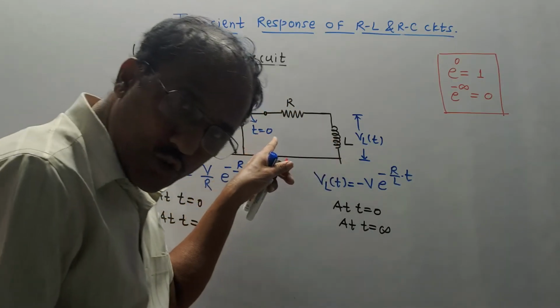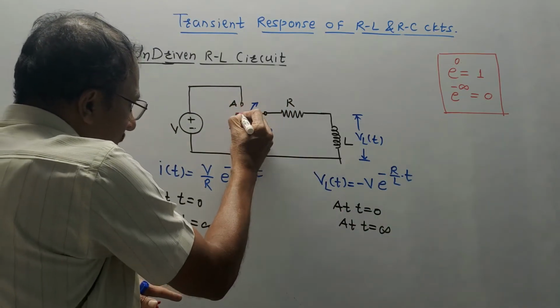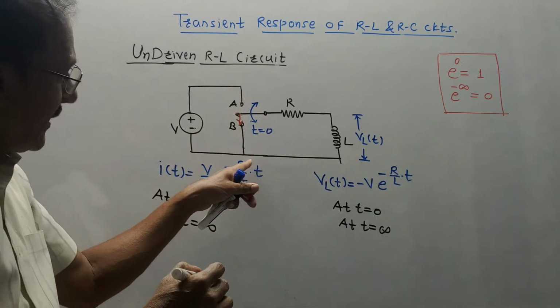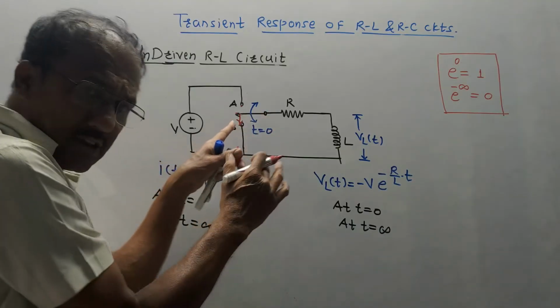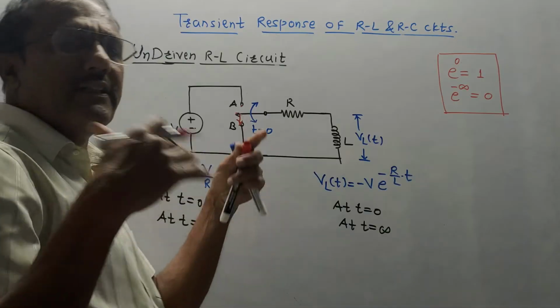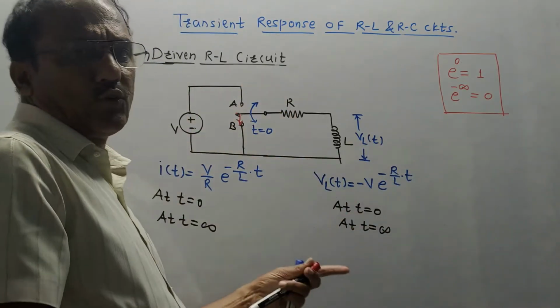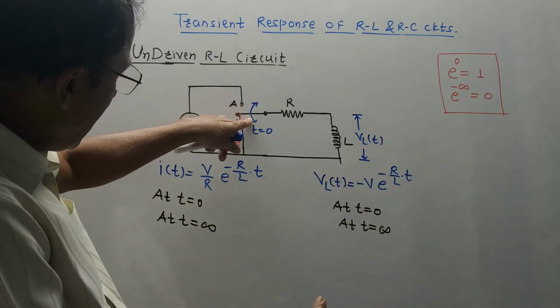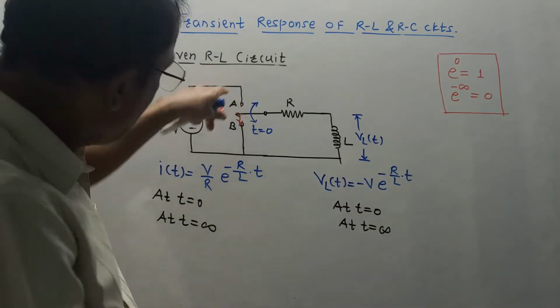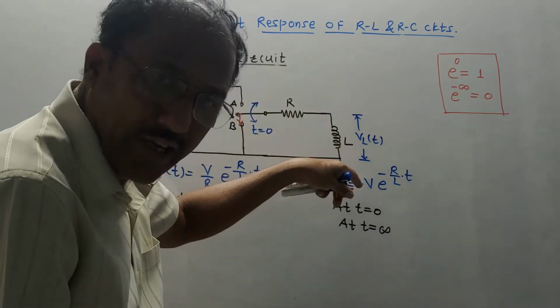At t equals 0, the position of the switch is changed and now the switch will be connected to point B. In this case, if the switch is connected to point B, the voltage source will not be connected to the circuit. Then the question arises how the circuit will function or how the current will flow through the circuit. Very simple. Initially, the switch was connected to point A, so the voltage source was connected and some current was flowing through the inductor.